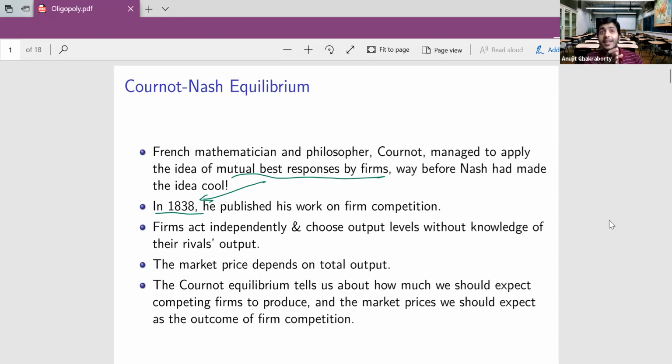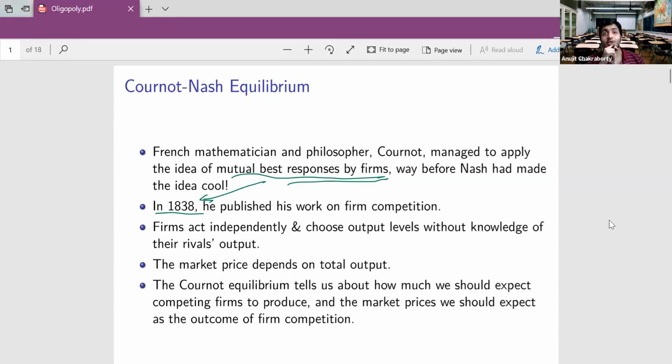And there was someone in France who was already thinking about an idea which was very close to that of Nash equilibrium. Remember, Nash equilibrium is about mutual best responses. Cournot himself is also talking about mutual best responses. He's talking about it in a limited setting. He's only talking about it in terms of firms competing against each other. But the idea he's going to give is going to be that of a Nash equilibrium, because he's going to talk about, as I said, mutual best responses by firms.